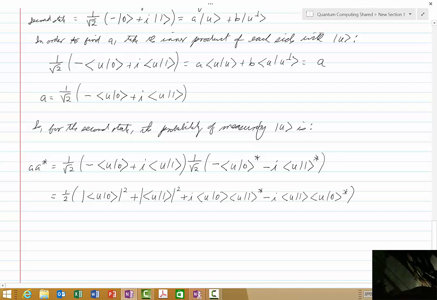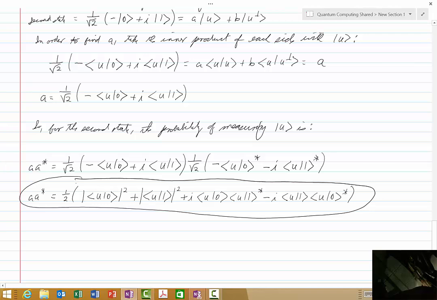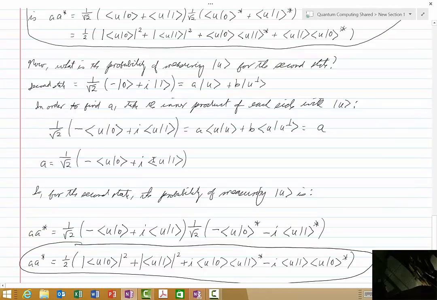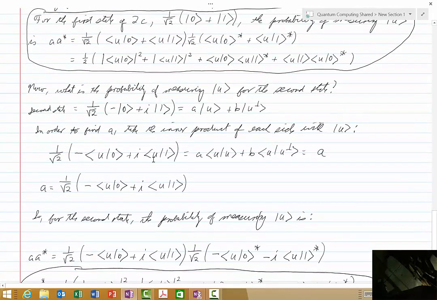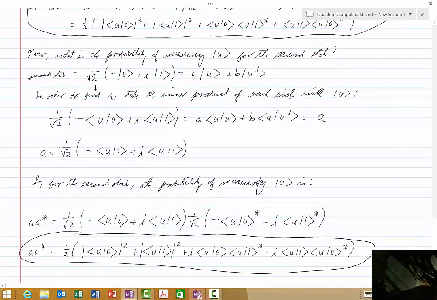And this is the value of A star in the second case. There's A star in the first case. Here is A star in the second case.